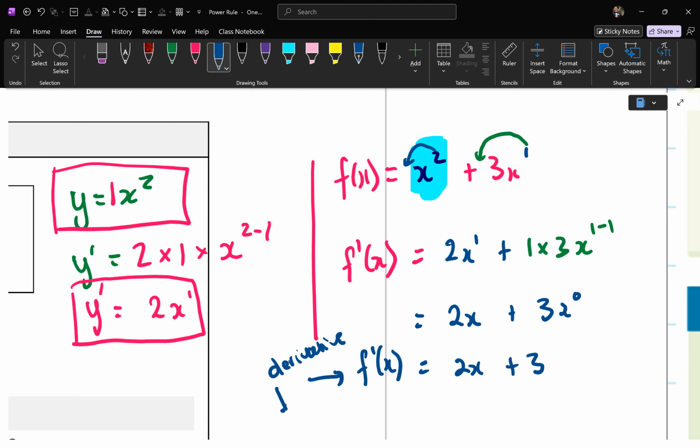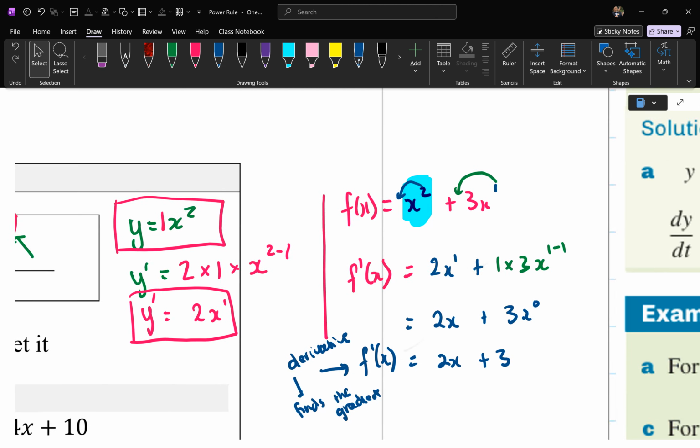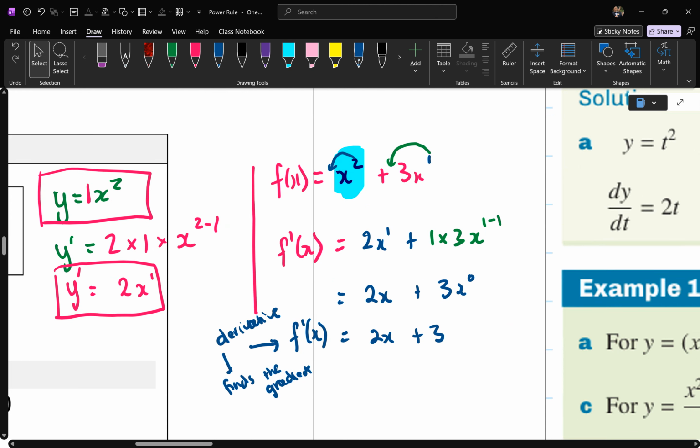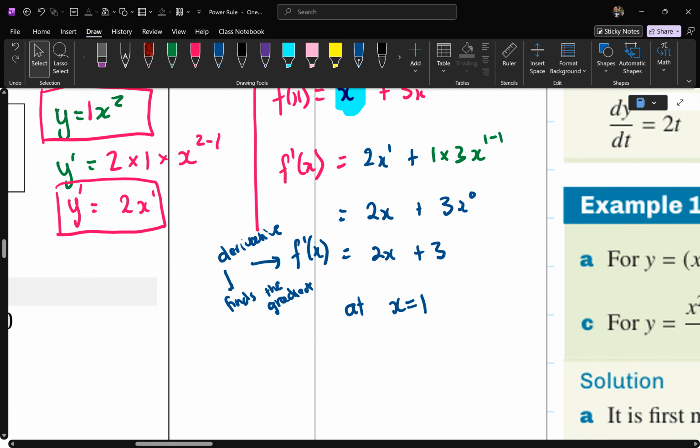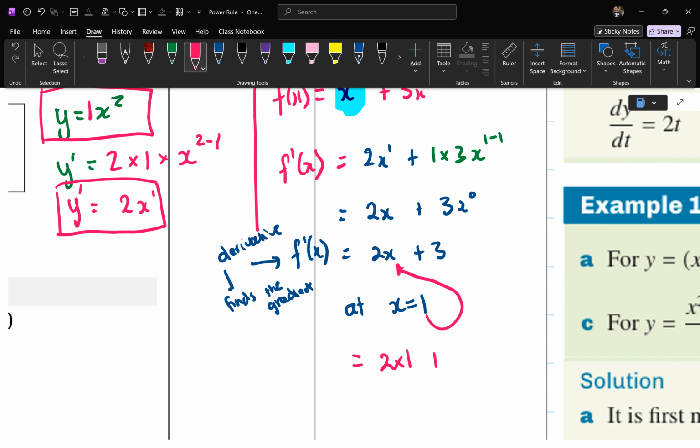The derivative finds the gradient at one point. Which point did we want again in that question? At x equals 1. So at x equals 1, if I substituted 1 into this rule that I figured out for the gradient, it would be 2 times 1 plus 3. And you end up with 2 plus 3, which equals 2.